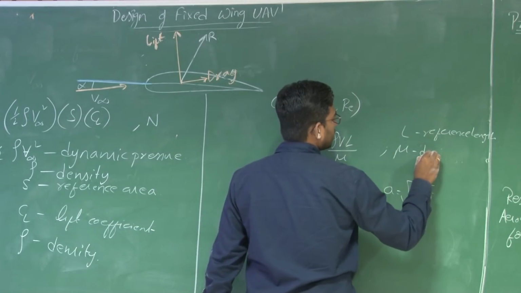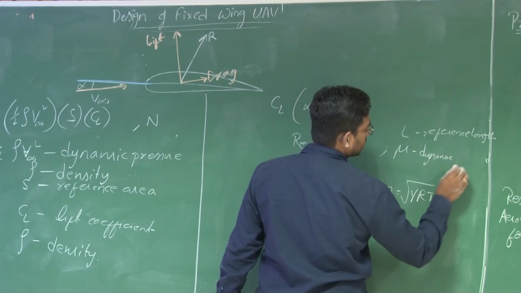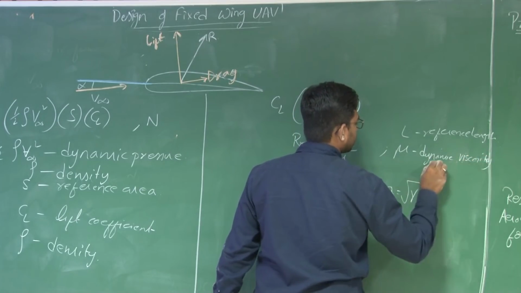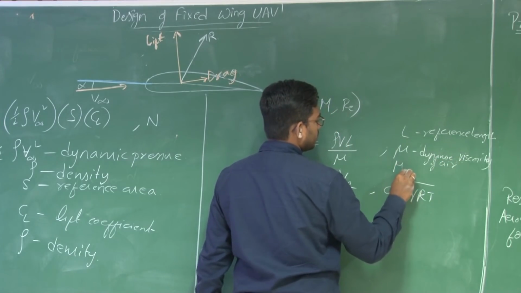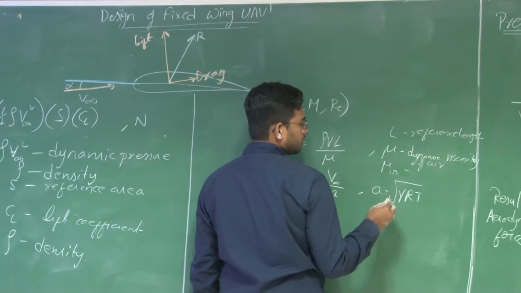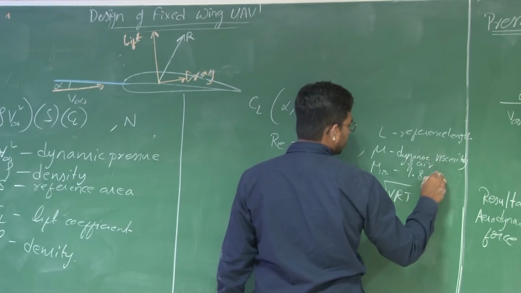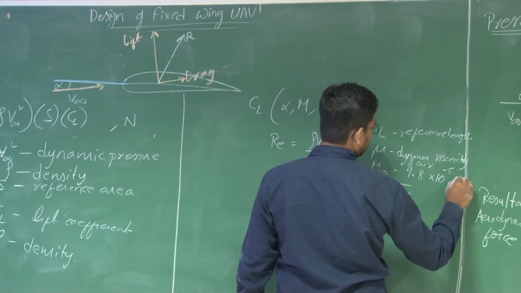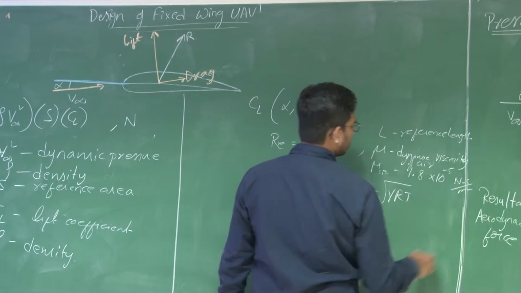Mu is the dynamic viscosity of air. At STP, mu is about 1.8 times 10 power minus 5 Newton second per meter square.